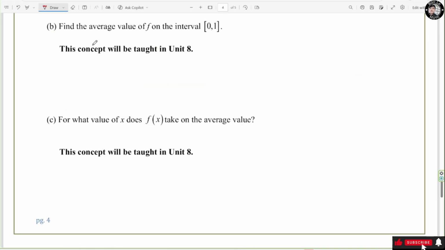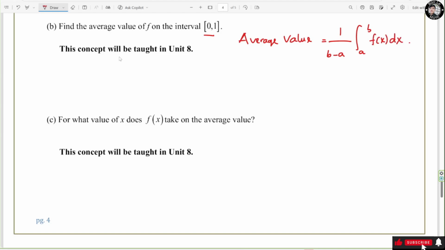Now question B. Find the average value of the function f on the interval 0 to 1. So we have the formula. This one you're going to learn in unit 8. The average value is 1 over b minus a times the integral from a to b of f of s ds, right?